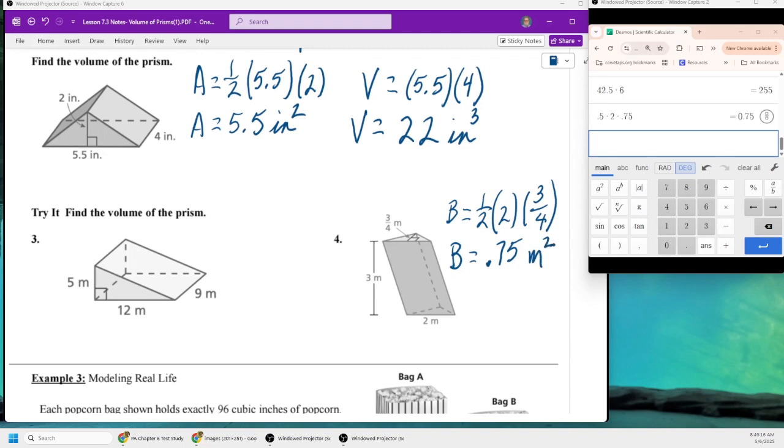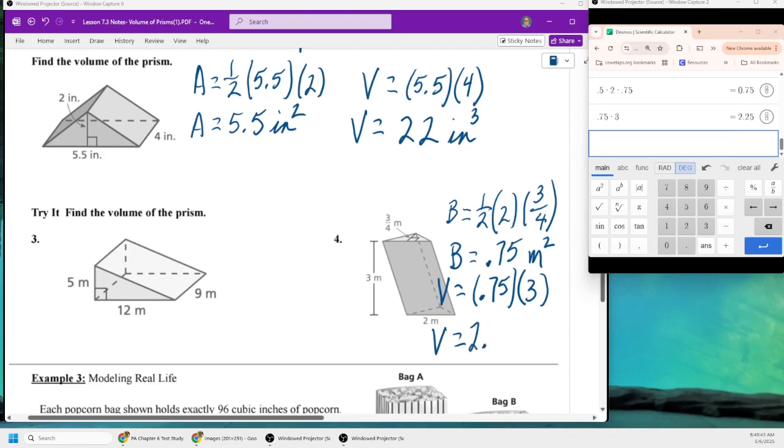You did? Good job. So then the volume is the area of the base that we just calculated times the height of the prism, which is that full 3 meters. So we're going to take 0.75 times 3. And that's going to be 2.25 cubic meters.